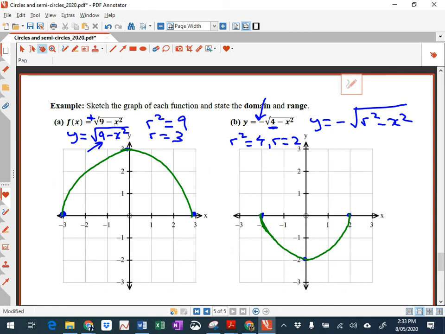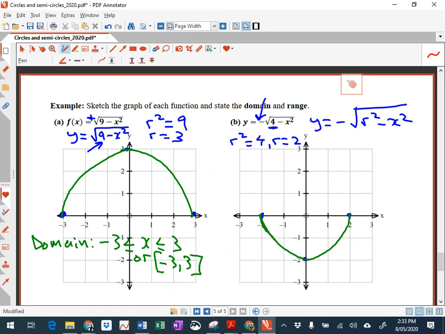And it says state the domain and range. Well, domain, let's have a look. Domain, two ways of writing it down. It's between 3 and minus 3. Right? Or you could write it like this. Minus 3, 3.